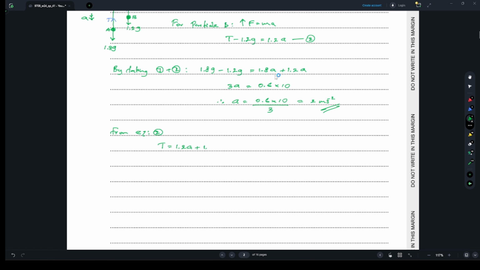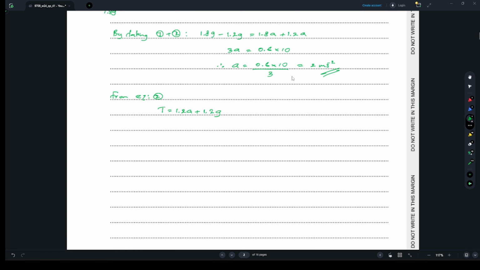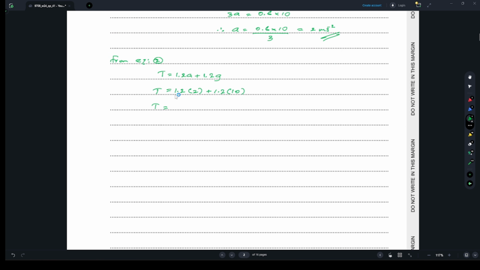1.2a plus 1.2g. So I took everything to one side, and so 1.2 times acceleration is 2, then 1.2 times here 10. Okay, so the tension we will have 1.2 times 10 is 12, and then here 1.2 times 2 is 2.4.